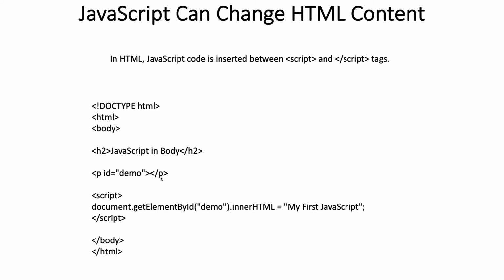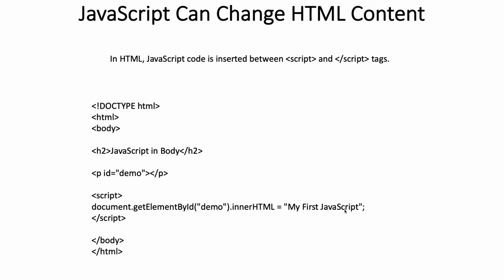And then we get to the script, and the script says document, which was that DOM we talked about, get element by ID demo. So it's going to be able to find this and use the innerHTML property and put my first JavaScript in it.